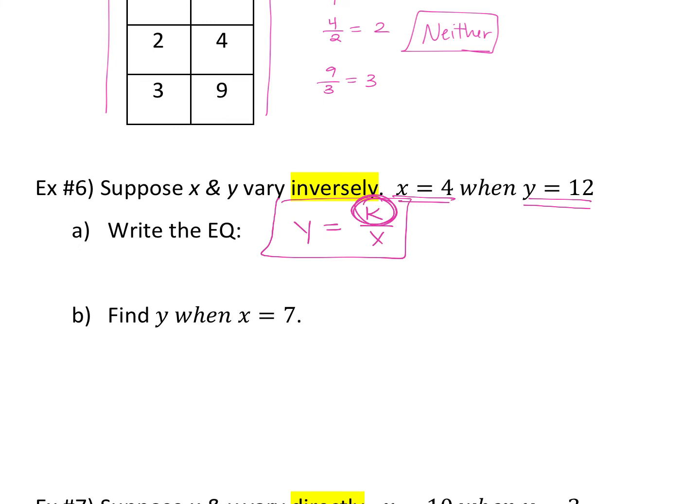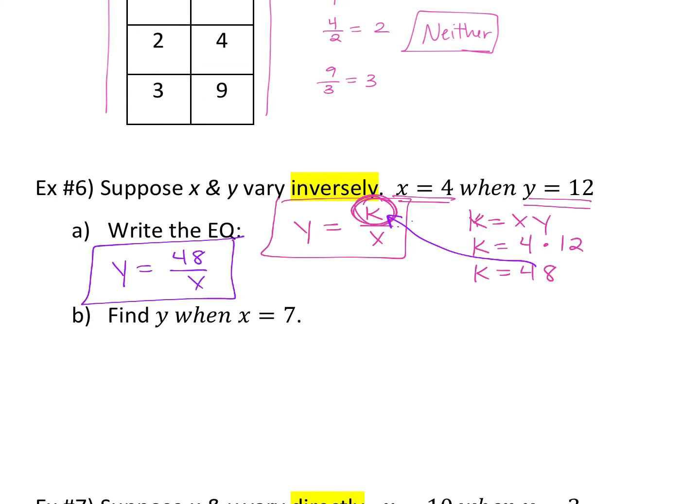So k equals x times y means k is 4 times 12. So k is 48. All right, so your answer, the equation, is y equals 48 over x.